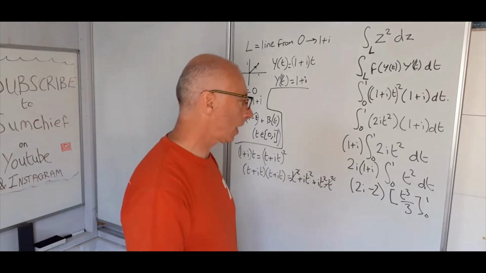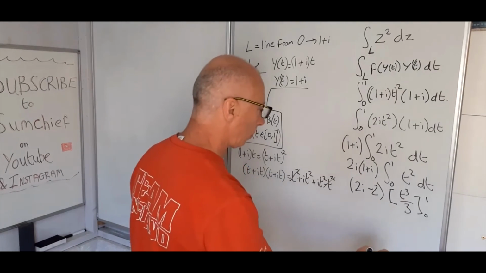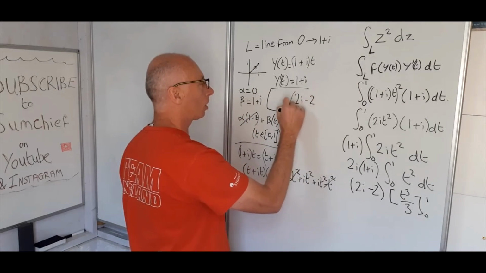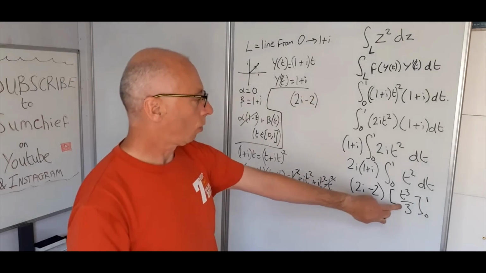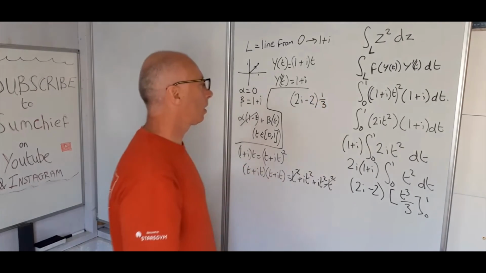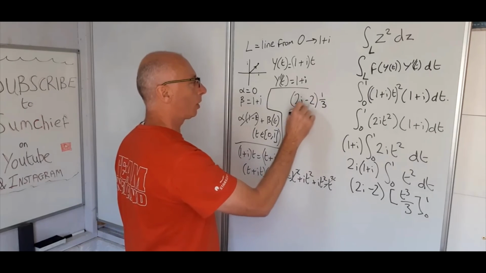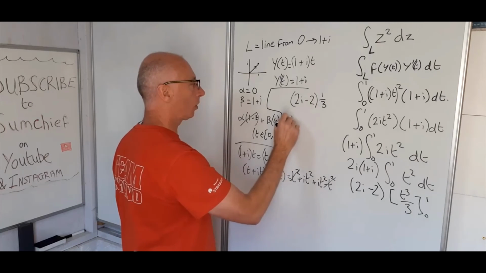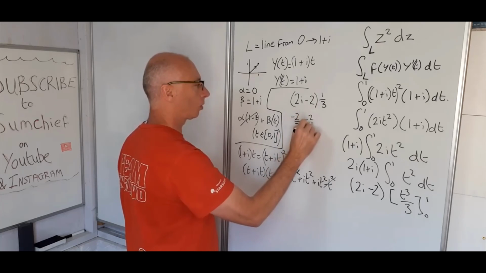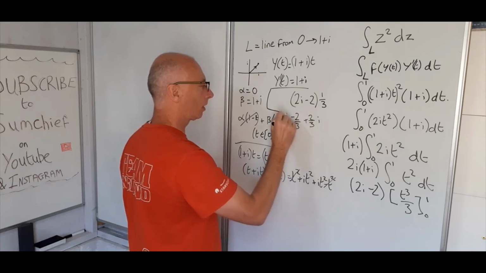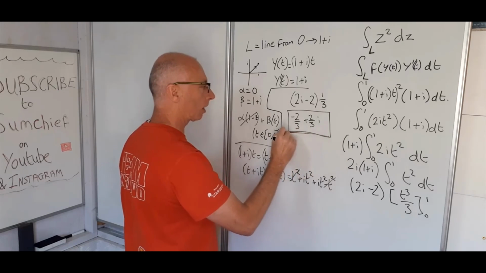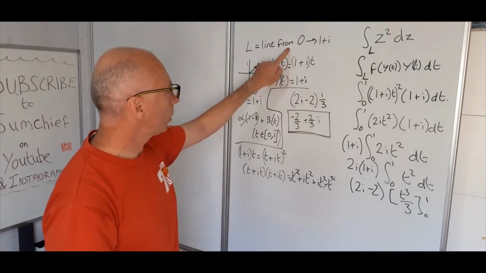The 0 will cancel it out. So then we'll be left with 2i minus 2 times 1/3. So basically that will end up, in proper Cartesian form, as minus 2/3 plus 2/3 i. And that will give us the answer to our original question.